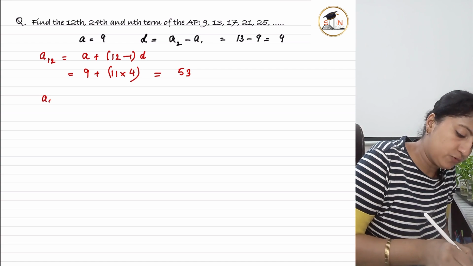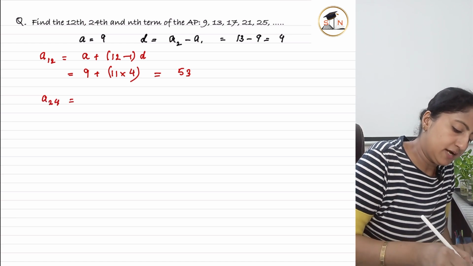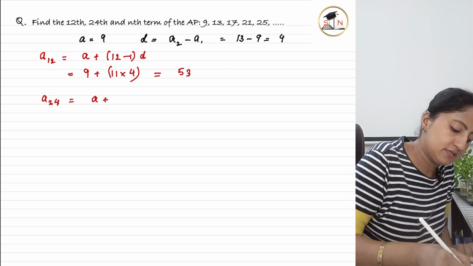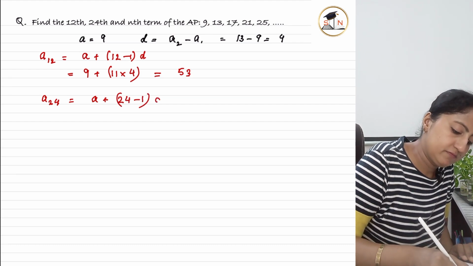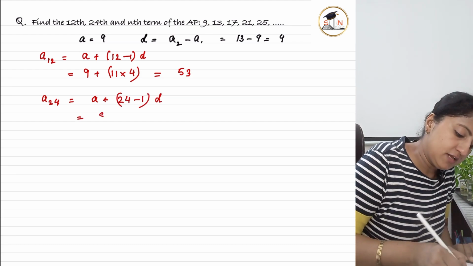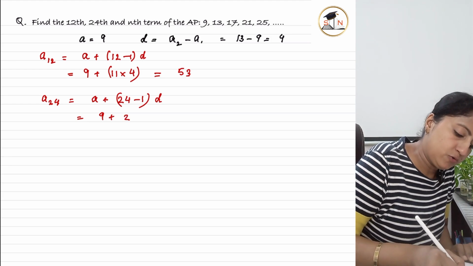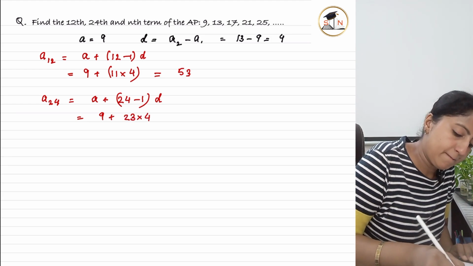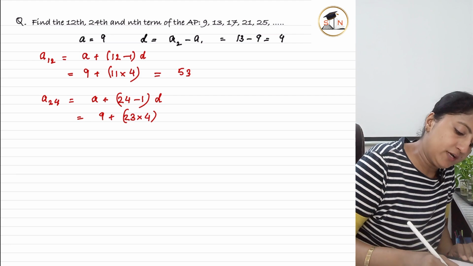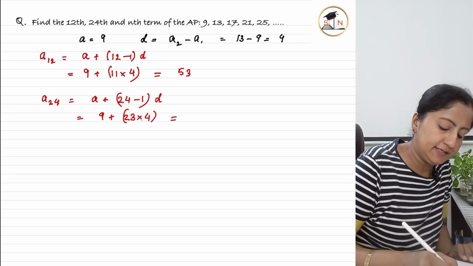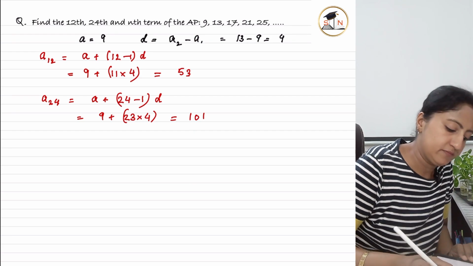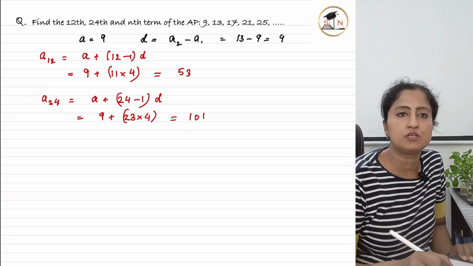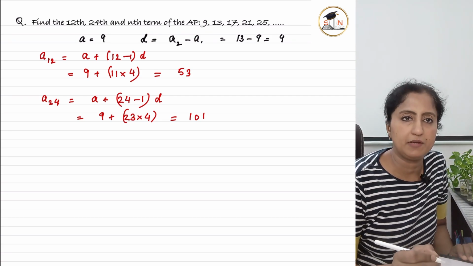Next, they have asked the 24th term. That is a plus (24 minus 1)d, which is 9 plus 23 times 4. 23 times 4 is 92, and 92 plus 9 comes out to be 101. So the 24th term is 101 for this AP.